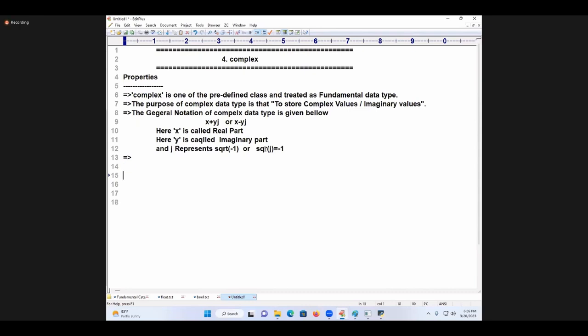Before writing one more point, I will show some examples, students. Let me cover some examples in the class. See carefully here. a is equal to 2 plus 3j. What is the type of a? 2 plus 3j is a complex literal. Its type is complex, which is a class, and a is an object of complex type.